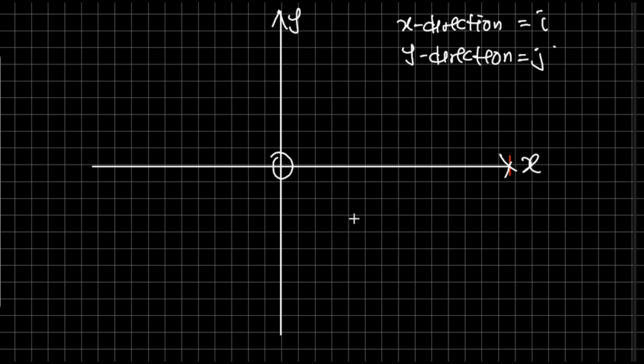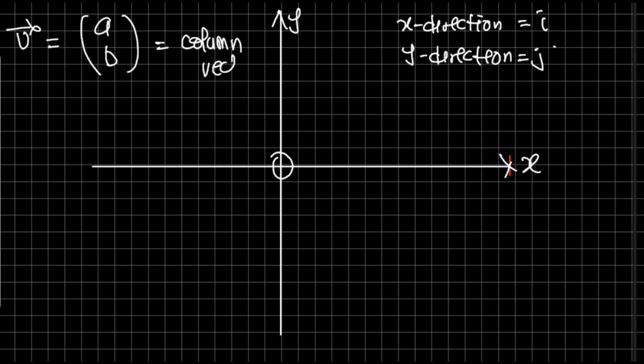This is the origin. Okay, so when we say vector AB, vector notation, a vector can be written in the form of a square bracket or elongated bracket arranged vertically like this, and this is known as a column vector.